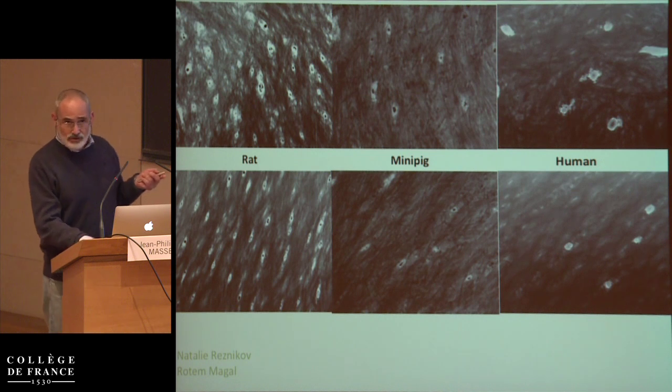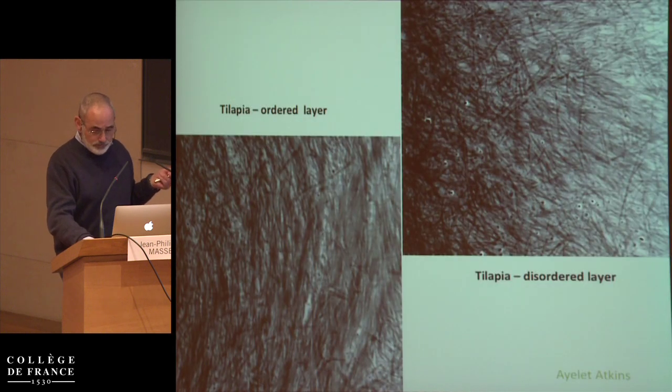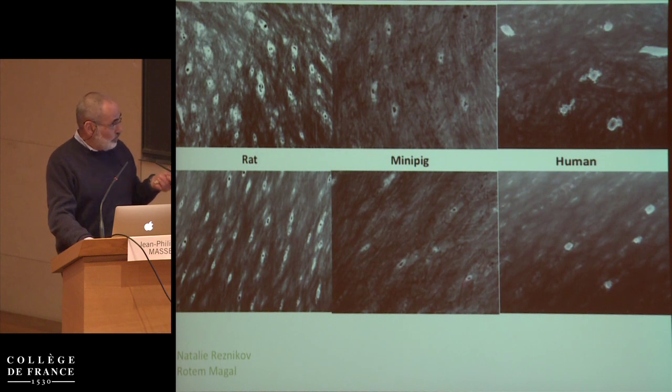First, I'll show some examples when we did this to mammals, a human bone, mini pig, rat, and you can see that the fibers are either parallel, organized, or disorganized. There is always a small part of the lamella that is disorganized.